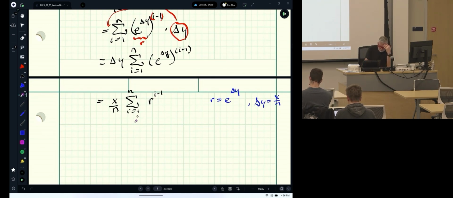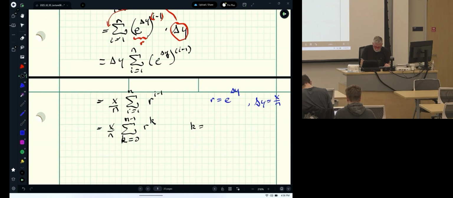Okay, so I can look at this when I started at 1, this is taking r to the 0th power, then 2, that's r squared, and we go up to r to the n minus 1. So we'll complete writing it like the geometric sums are written. So I'll do k equals 0 to n minus 1, r to the k. And k is equal to i minus 1. So we've done a change of index, just like a change of variable.